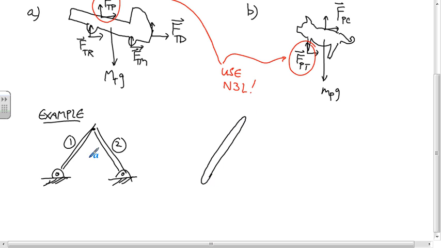The free body diagram for member 1 has the force on 1 by the ground, the weight force, and up here the force on body 1 by body 2.